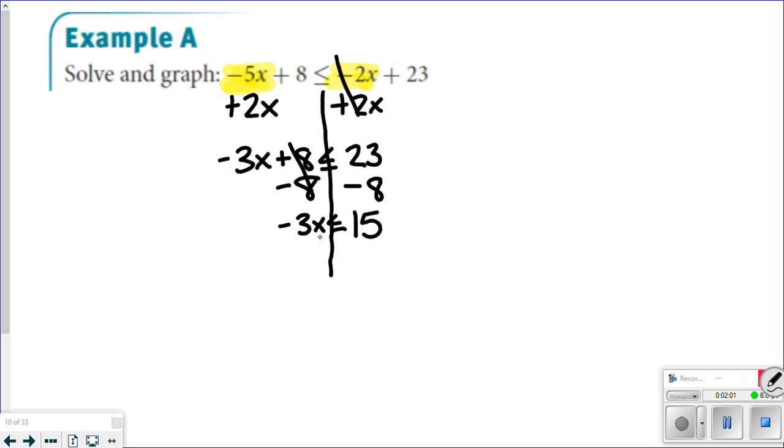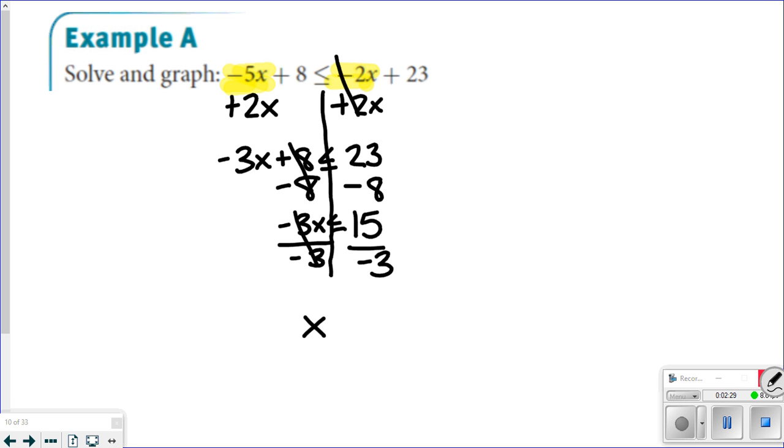I want to get x all by itself. Currently, there's a negative 3 out in front, so negative 3 and x are being multiplied together. So the opposite is to divide. Divide by negative 3. And the light bulb should be going off in your head. Alert, alert. I divided by a negative number.